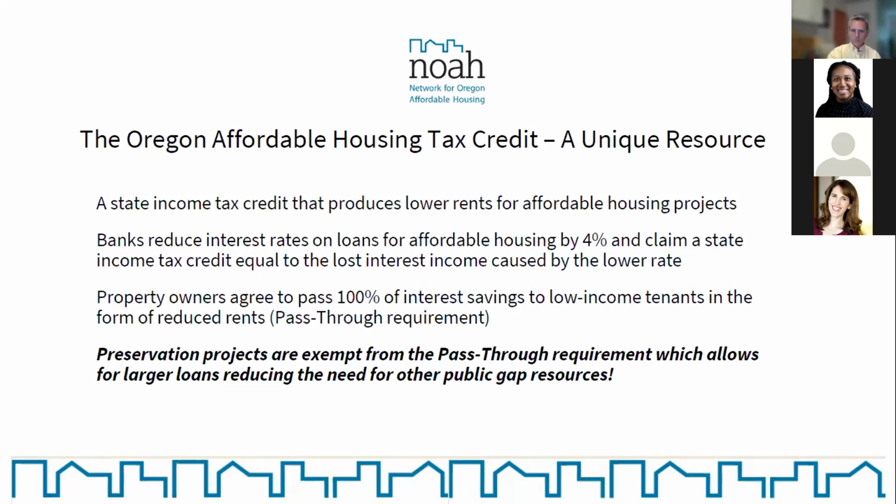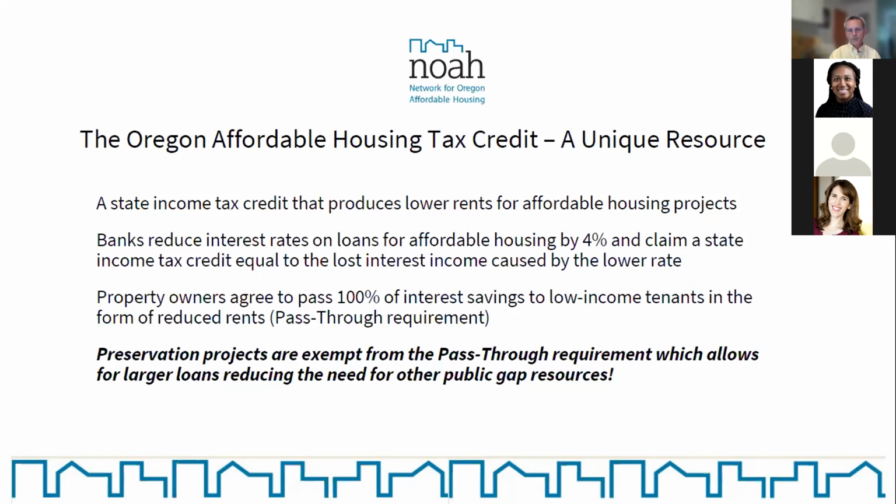But where it's really interesting and effective with preservation projects that have project-based federal rental assistance is that the legislature decided to exempt those properties from the pass-through requirement. And the reason they did that was because by requiring the pass-through and reducing the rents, it would only reduce the amount of federal funds that come through to the state.